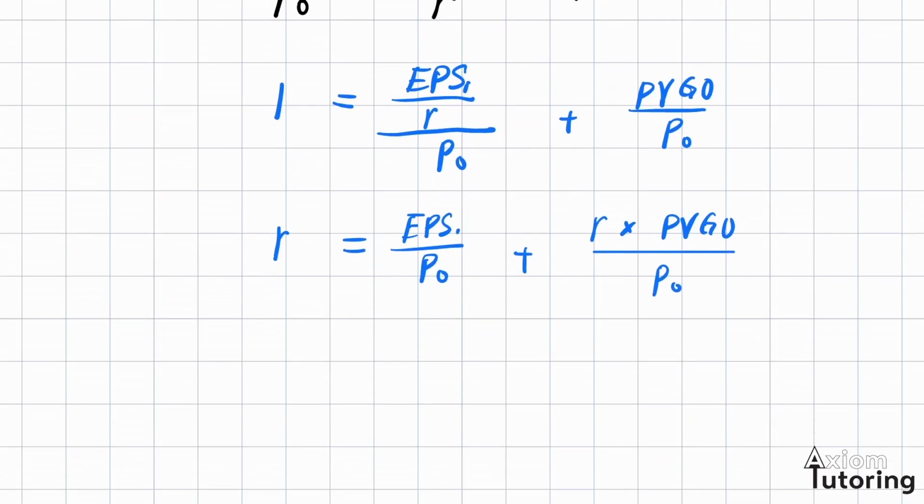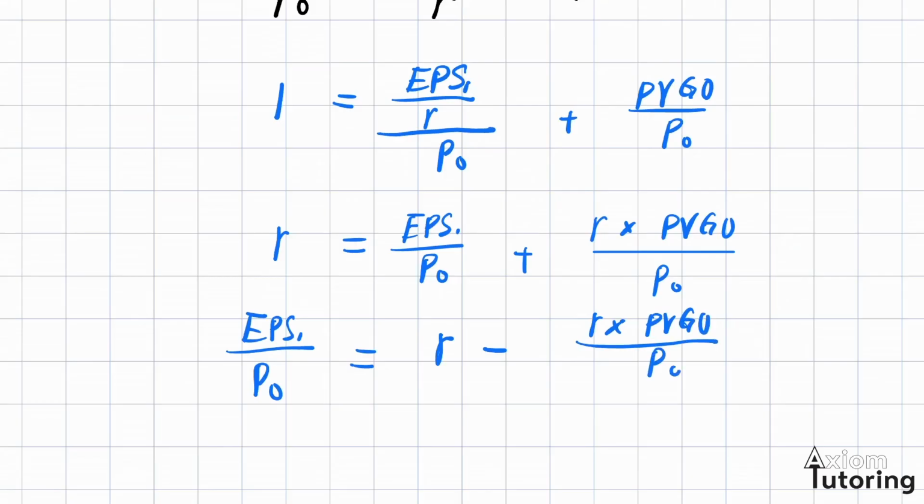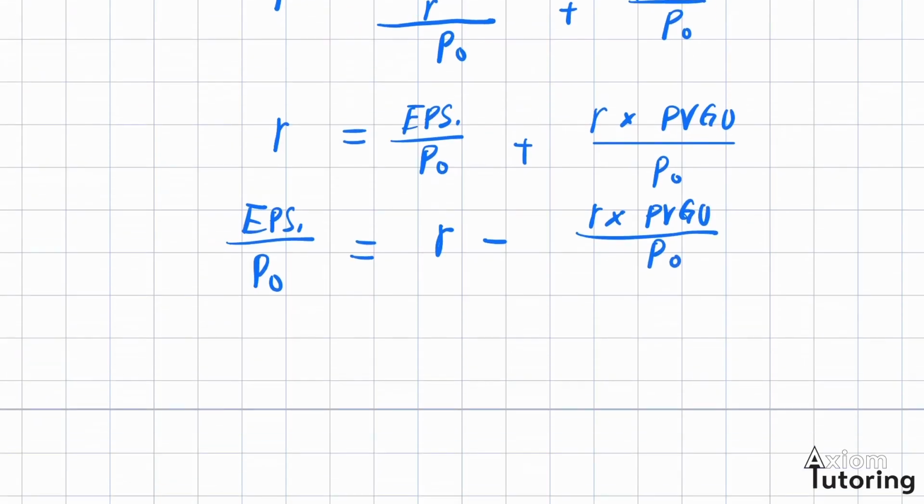And then we move this to the left-hand side, and switch both sides a little bit. So we keep EPS1 over P0 on the left-hand side, and we have R minus R times the present value of growth opportunities divided by P0. Then we flip both sides by taking 1 divided by both sides.